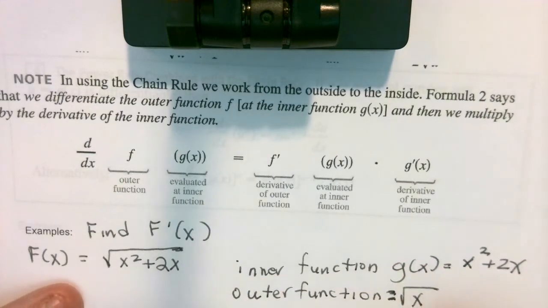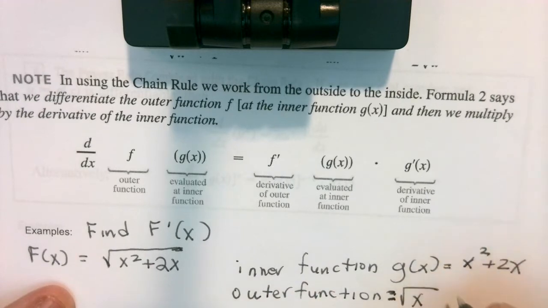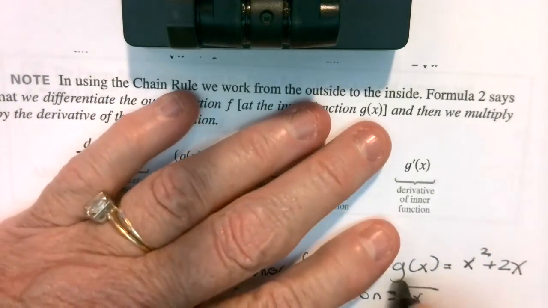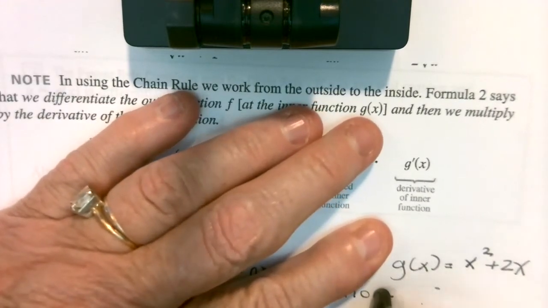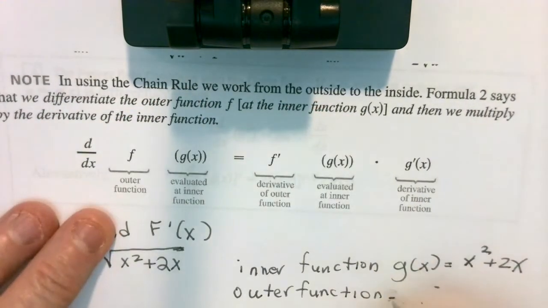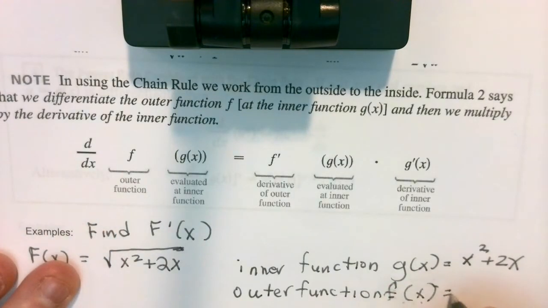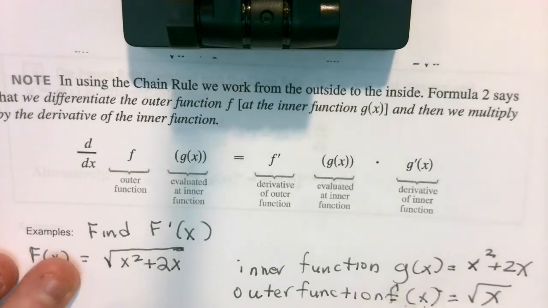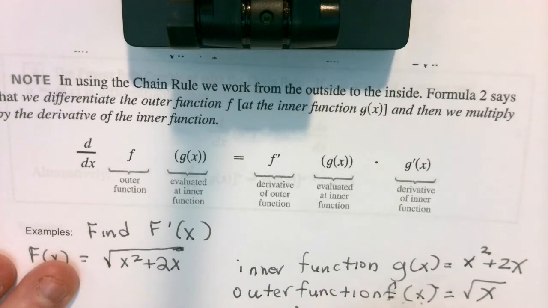And you can see that if you do the composite, and let's call this little f of x, the composite would be equal to the outer with the inside.